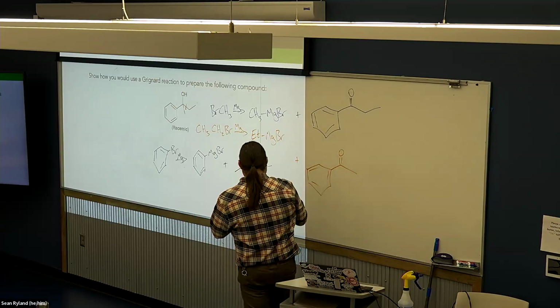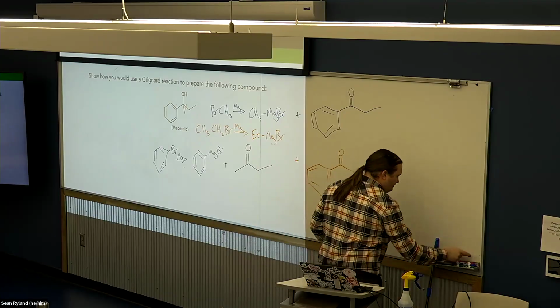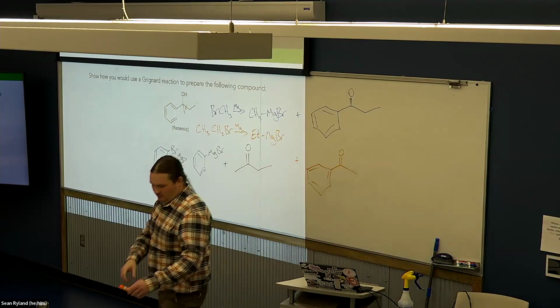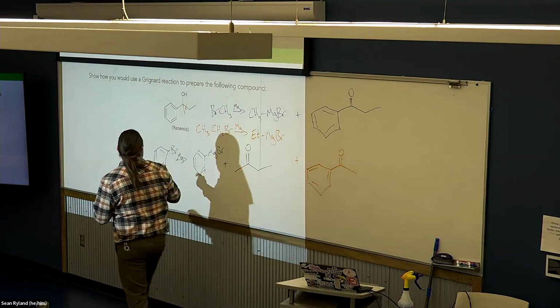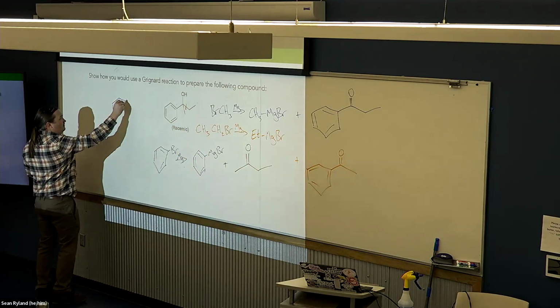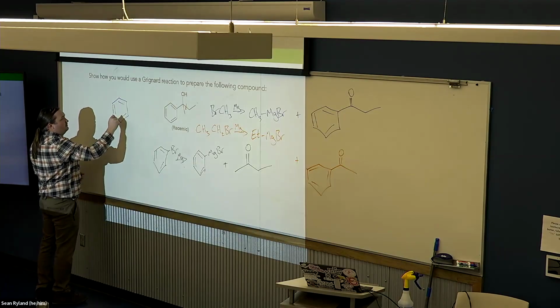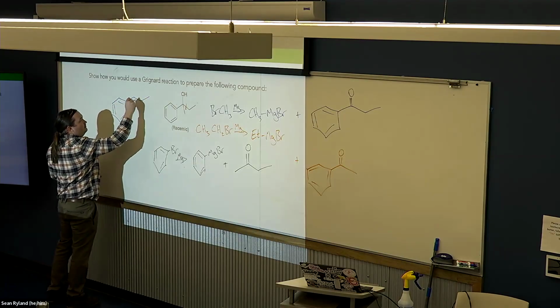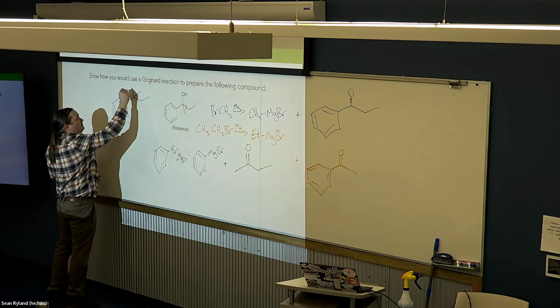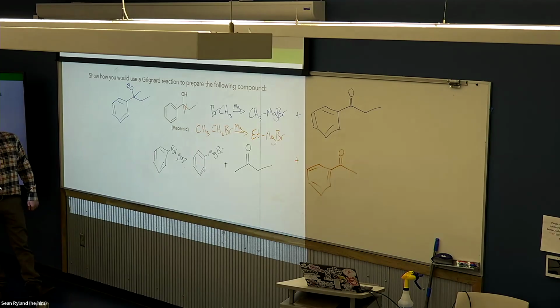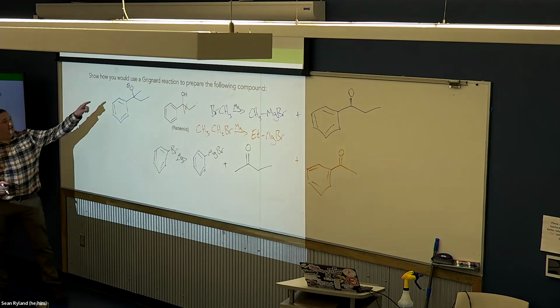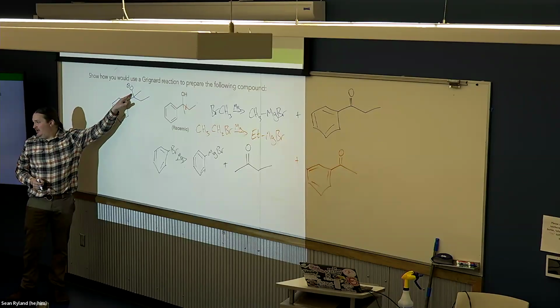So this step is going to make the intermediate, the blue intermediate, that's going to look like that. We've added the methyl group to the carbonyl carbon, but we haven't protonated it yet.